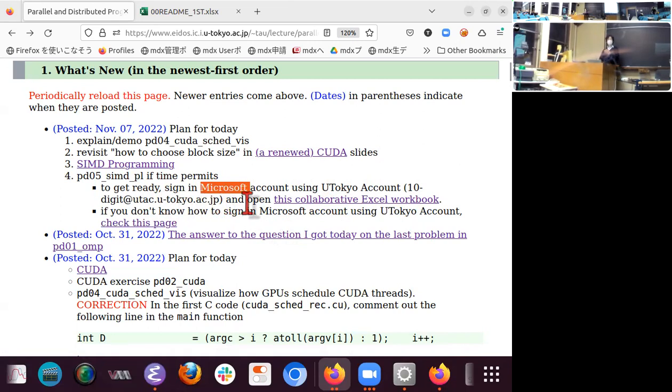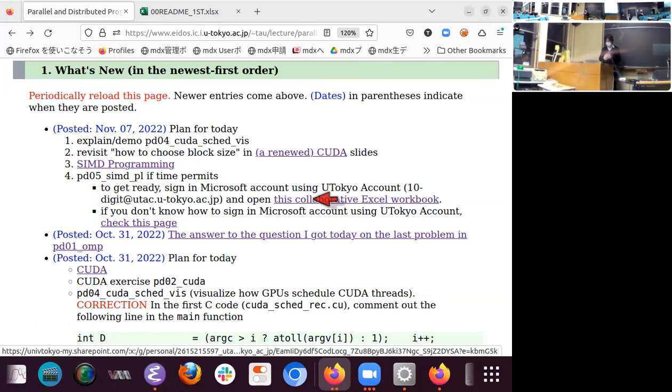If you have never signed in to a Microsoft account using your UTokyo account, make sure you have done this. If you do not know how, check this page. By next week, I encourage you to make sure that you can access this workbook. With that, I think we are done for today.